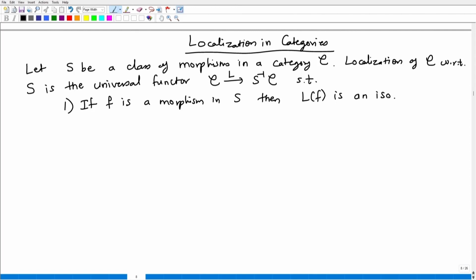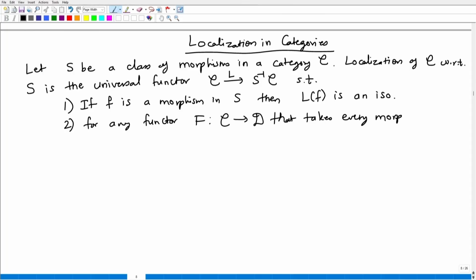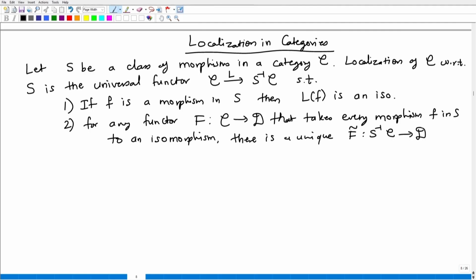So for all f in S, L of f is an isomorphism, and for any functor F from C to D that takes every morphism f in S to an isomorphism, there is a unique F tilde from S inverse C to D such that the following diagram commutes.